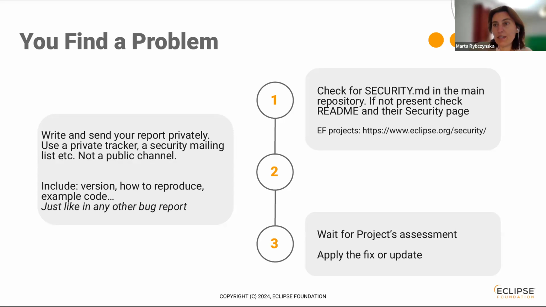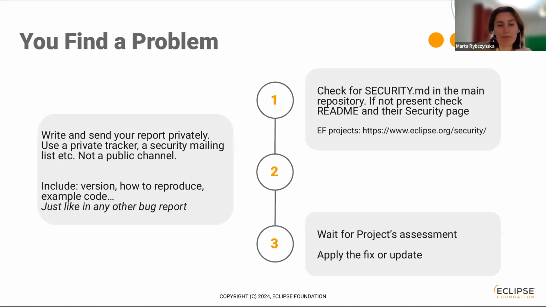Then when you have sent that, you wait for the assessment from the project. They may ask you for additional clarification. There's nothing unusual in this case. And when they release a fix, you apply it to your code, and then you can tell everyone that you have found a security vulnerability in that specific project.